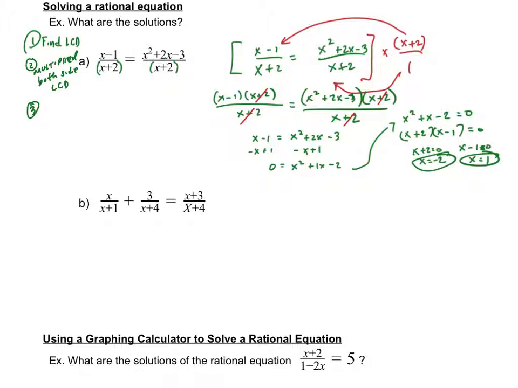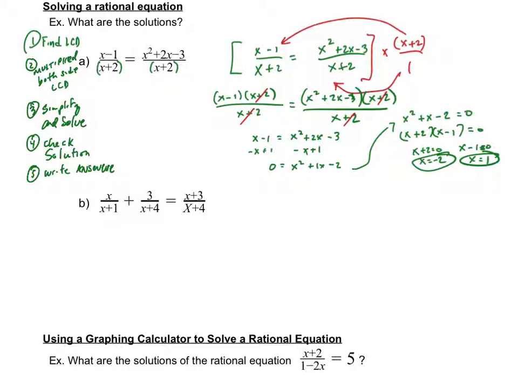And then the third time we simplify and solve. And then you could check solutions, and then finally write your answer. So those are my steps. All in all, seems pretty simple.